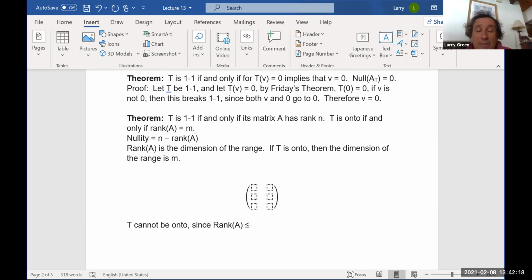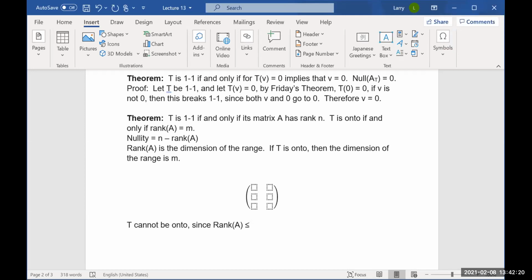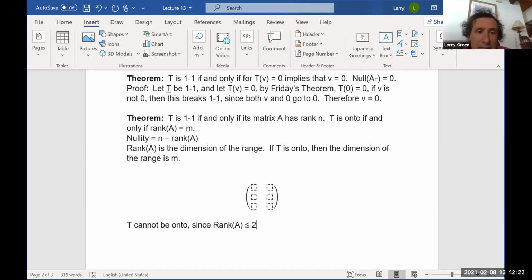What's the biggest the rank could be? 2. Okay, so we know that the rank of A is less than or equal to 2, right?